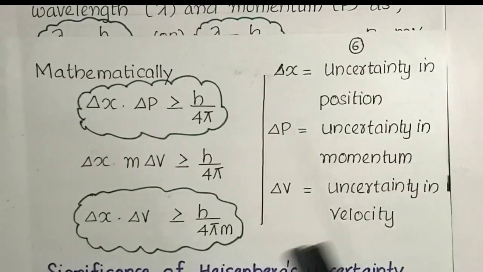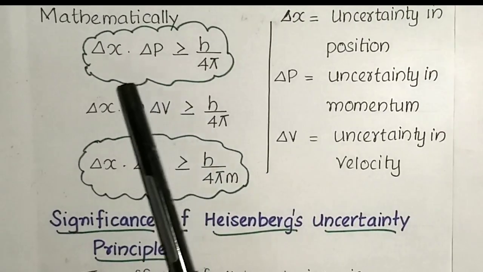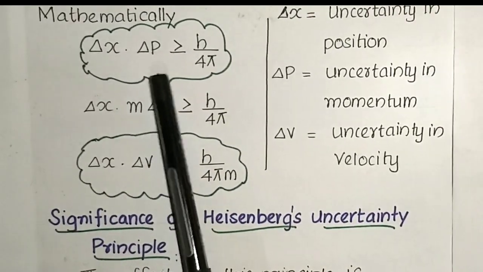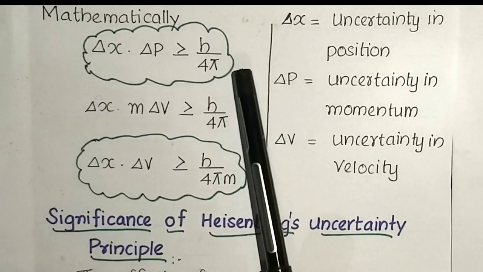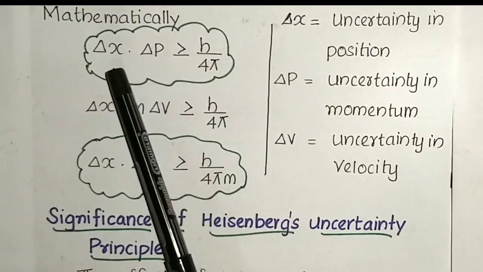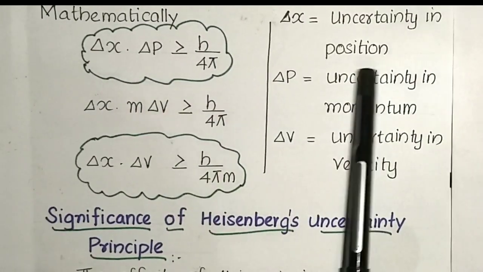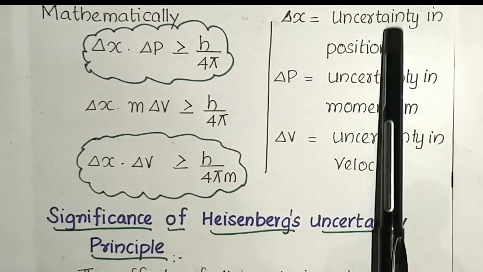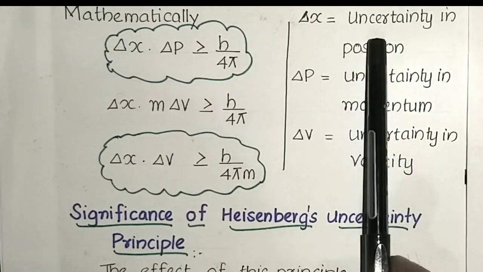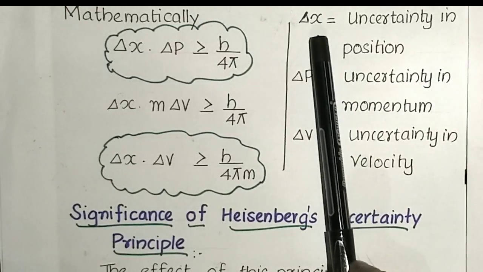The uncertainty principle can be expressed mathematically: delta x into delta p is greater than or equal to h by 4 pi, where delta x is the uncertainty in position. If we calculate the position, there is definitely some error, and that uncertainty in position is known as delta x.